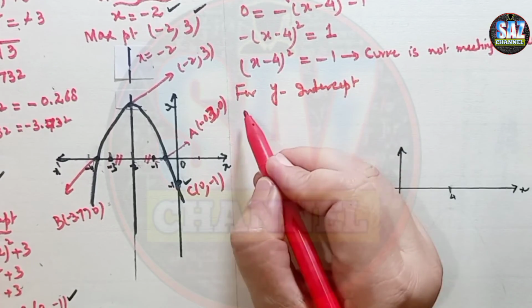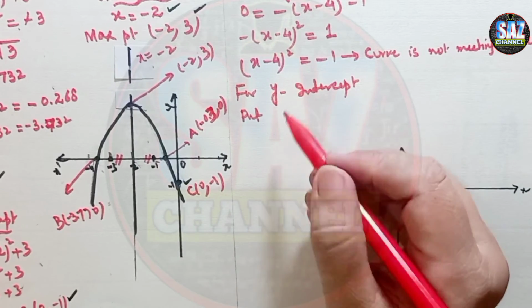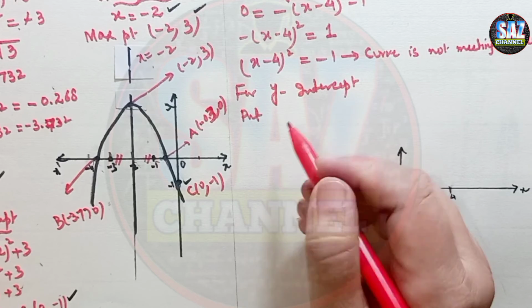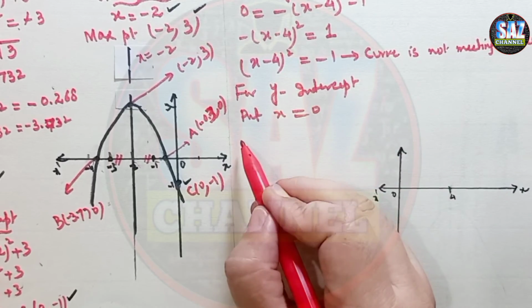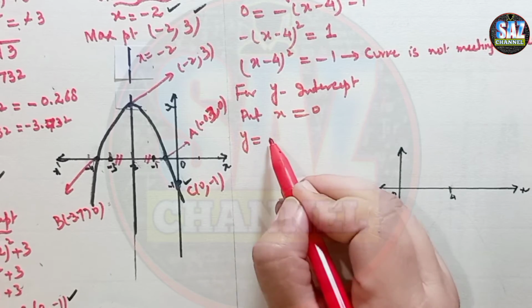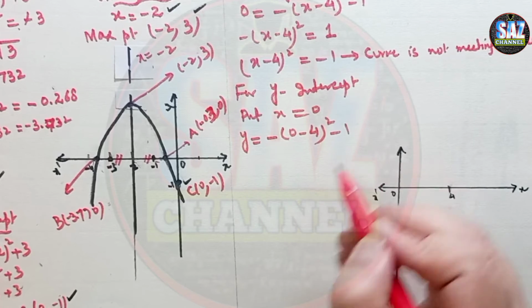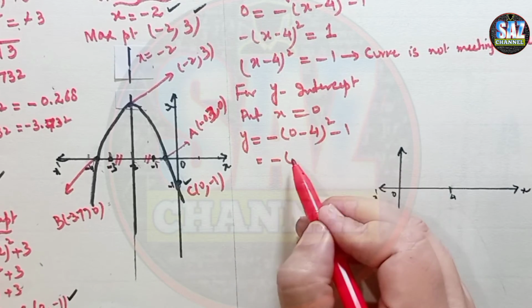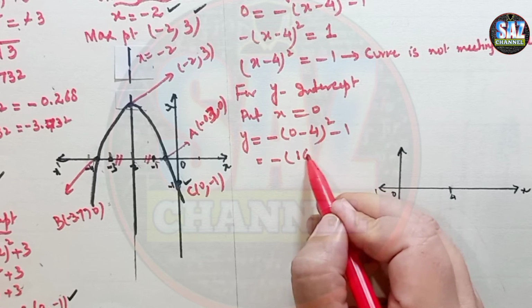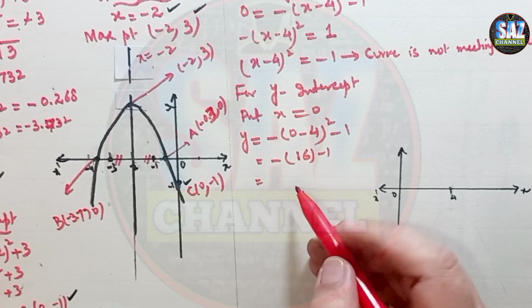Okay, for y-intercept, what we are going to do is put x equals to 0 in the given equation, and when I'm putting x equals to 0, the equation takes the form minus (0 minus 4) whole square minus 1, and this will give me minus, and the square of the negative number will become positive, 16 minus 1, which is minus 17.